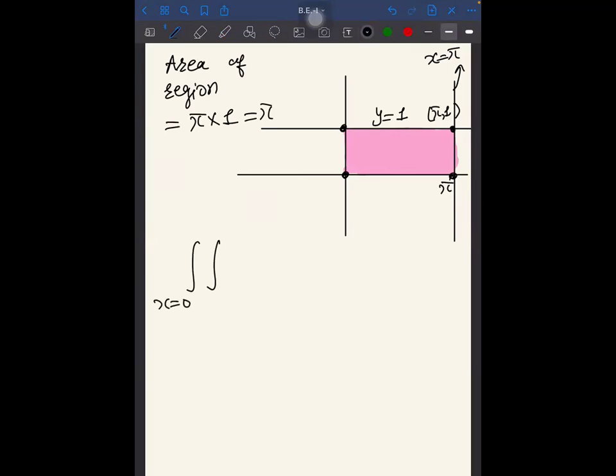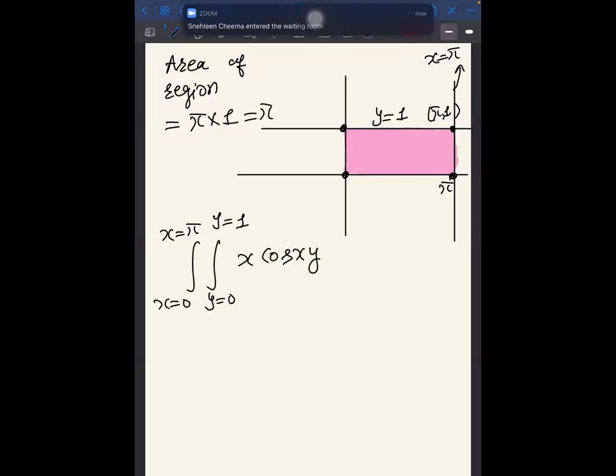Now let's calculate this. x is running from 0 to pi and y is running from 0 to 1, of x cos xy. In this case, you can even interchange the order of integration. When you have these constant limits, you can do it.